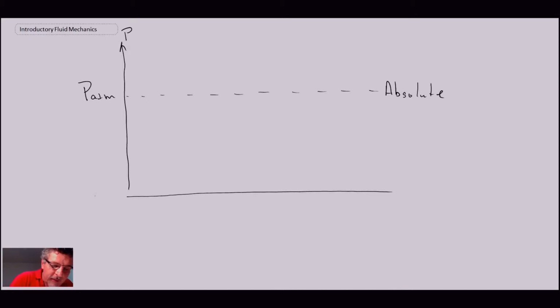So down here would be 0 pascals. And typically, atmospheric is 14.7 psi, or 101,325 pascals. We'll denote that as P atm, so that's atmospheric pressure.